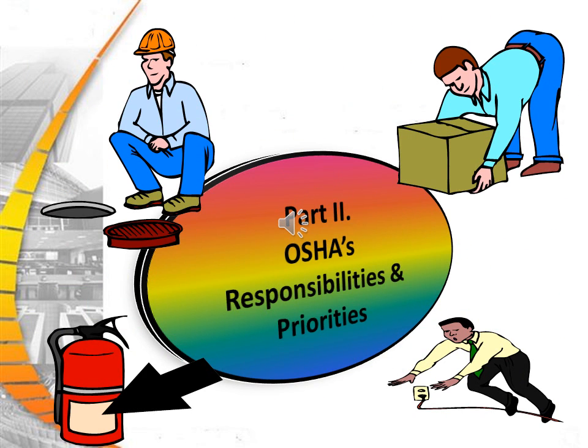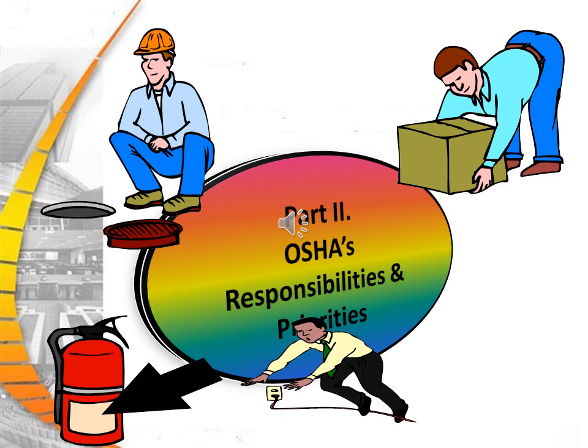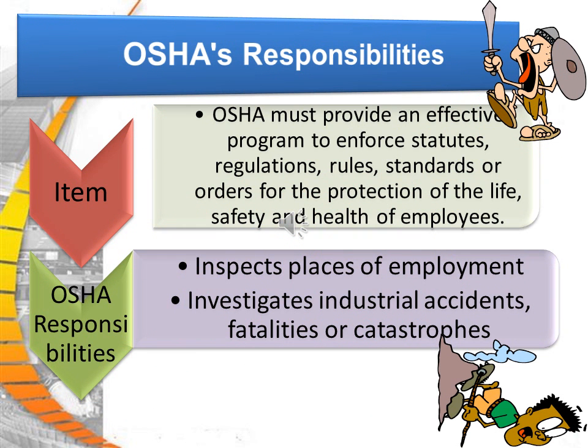Part 2. OSHA's responsibilities and priorities. OSHA must provide an effective program to enforce the statutes, regulations, rules, standards, or orders for the protection of life, safety, and health of employees. It will inspect places of employment and investigate industrial accidents, fatalities, and catastrophes.